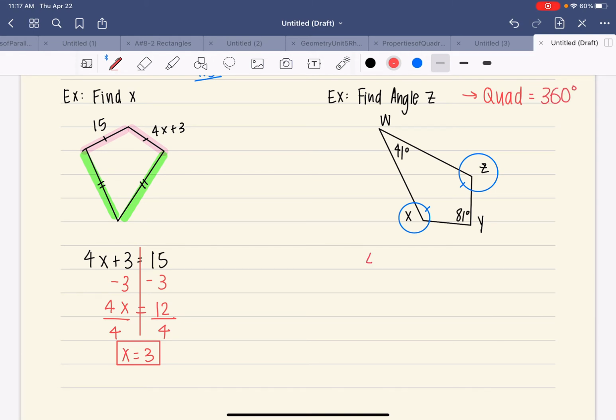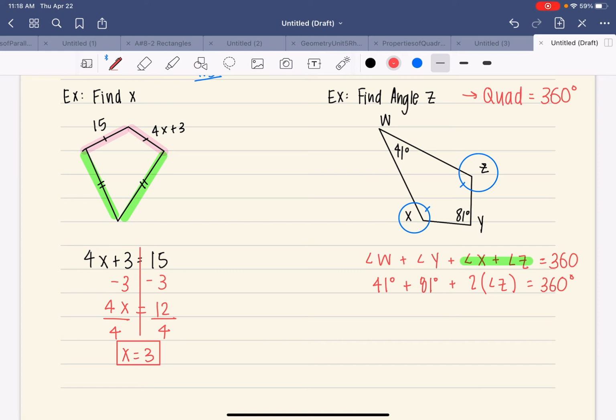So I know that angle W plus angle Y plus angle X plus angle Z will add up and equal 360. Angle W is 41. Angle Y is 81. And because of the property that the pair of opposite angles are congruent, X and Z will be the same value. So it's 2 times angle Z, whatever it is, because angle Z will be the same as angle X.